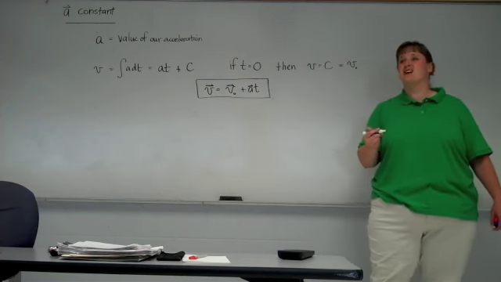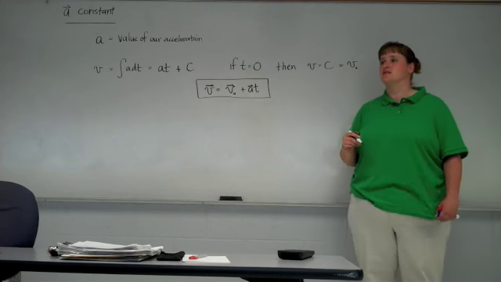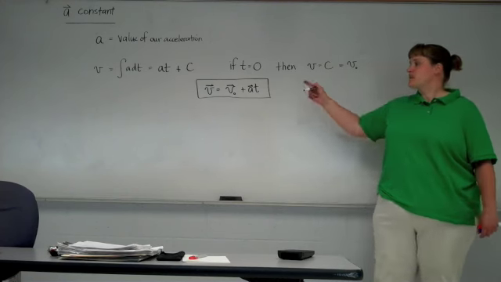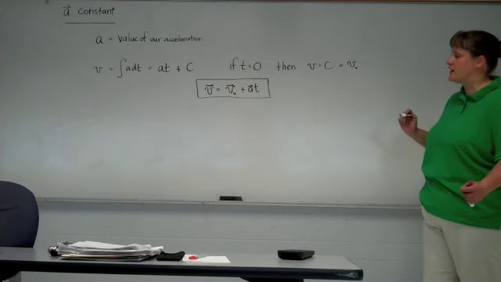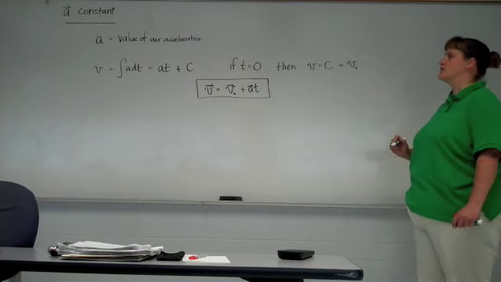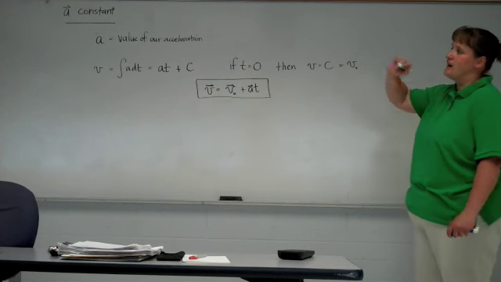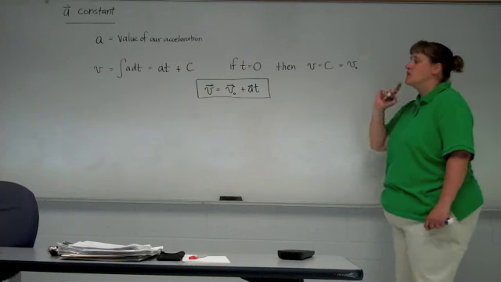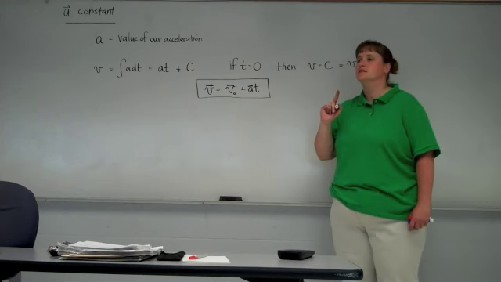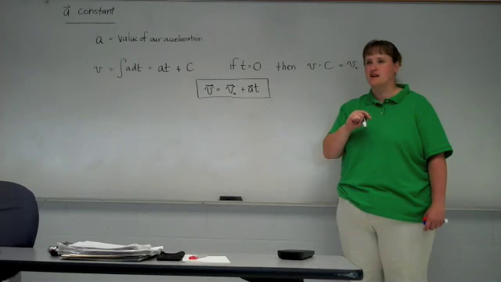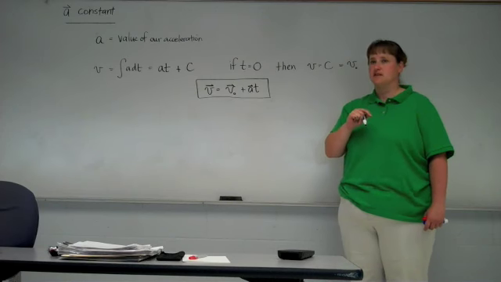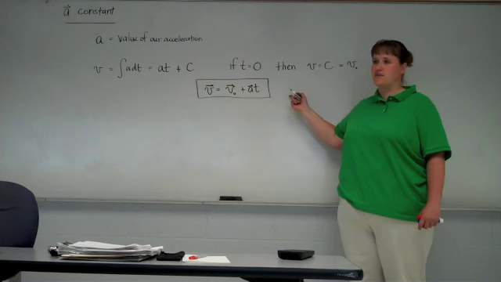We need to remind ourselves to put the positive and negative signs on there. So this is fabulous. Very nice equation that we can use in the case of acceleration being constant. But please keep in mind, it only works if acceleration is constant. If your acceleration is not constant, this would not be the result we get when we integrate.